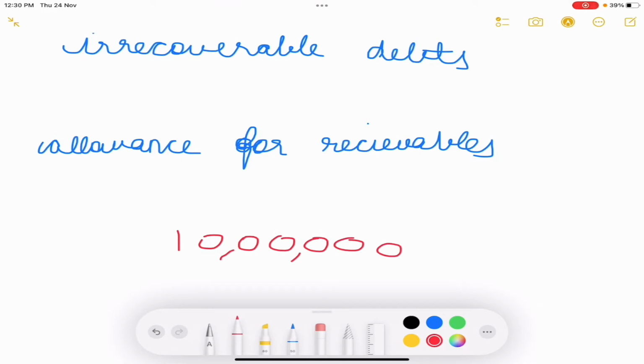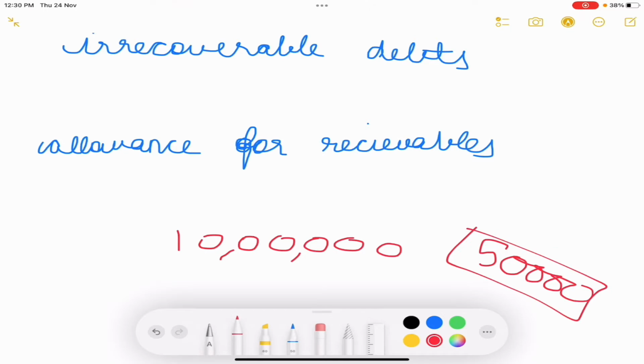I know that every year, by the end of the year, some receivables are going to become irrecoverable because some company might become insolvent or someone can just run away. Anything can happen. I am sure that 50,000 every year is going to be my bad debts. So last year also I had 50,000 irrecoverable debts.